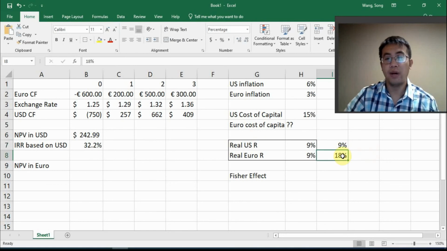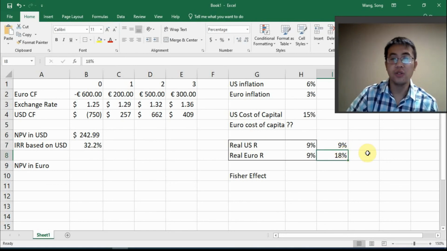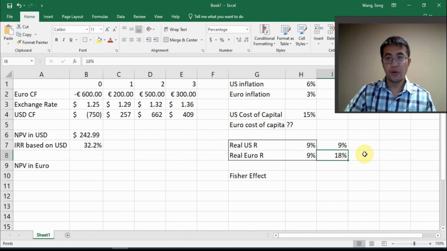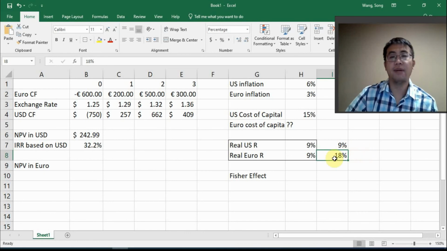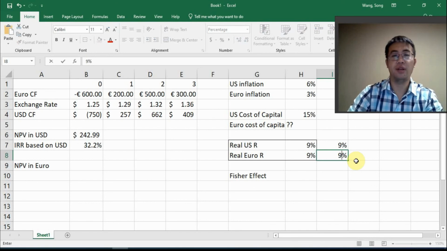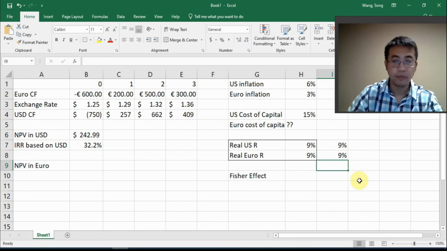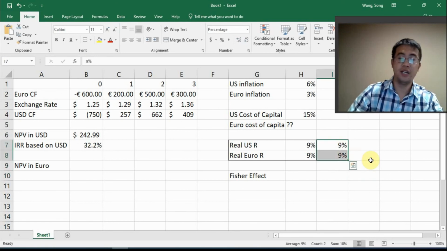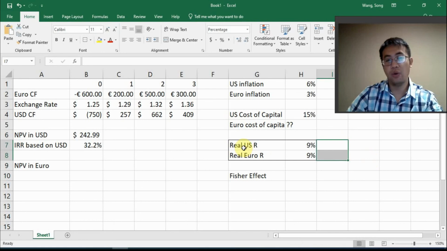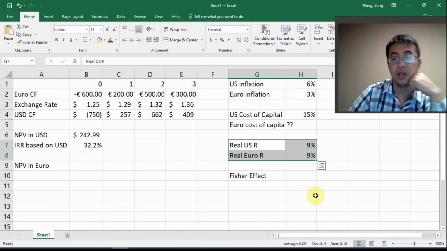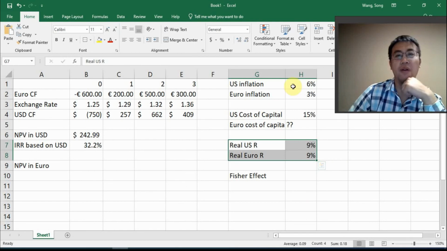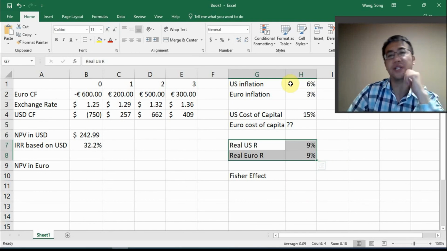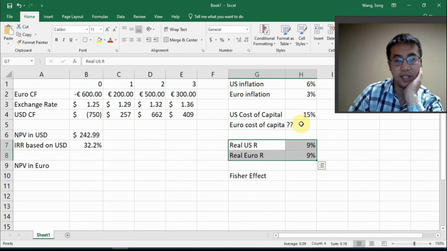And since more and more money gets poured into the Eurozone, it creates an oversupply of money, and that drives down the interest rate of the region. So eventually these two economies would end up with the same real rate of return. Although the inflation could be different, the real return should be the same.